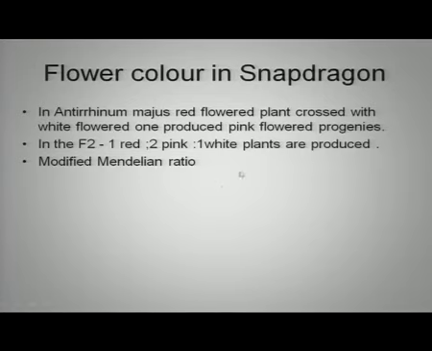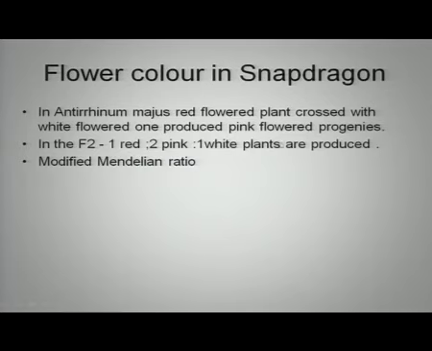Yet another example is the flower color in snapdragon, that is Antirrhinum majus. Here also, a red flowered plant crossed with a white flowered one produced pink flowered progenies in the F1.